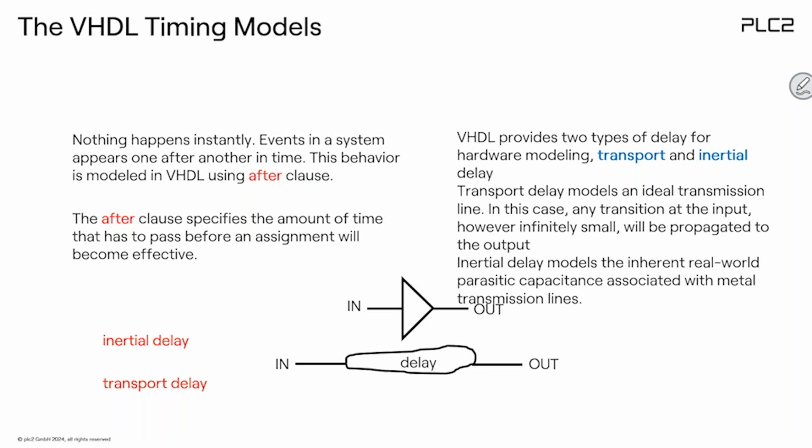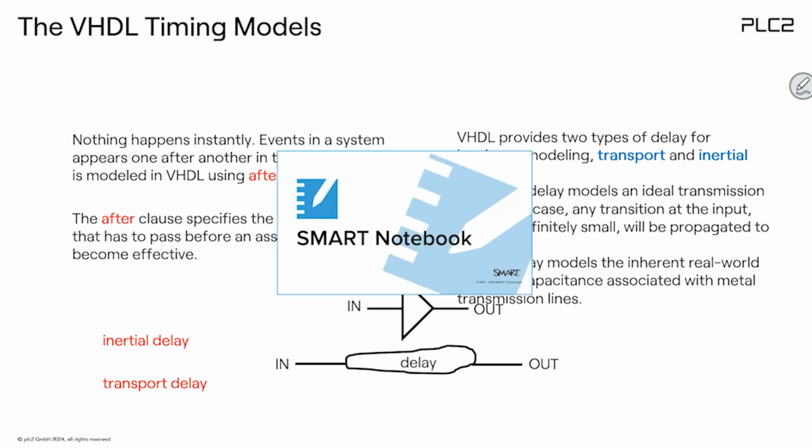Let me just call up my notebook here, just to show you the idea of a timing model. I don't know, everything is a little bit slow today. Something happened here in the internet connection in Europe.